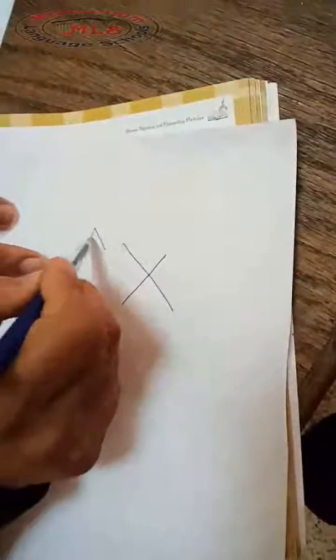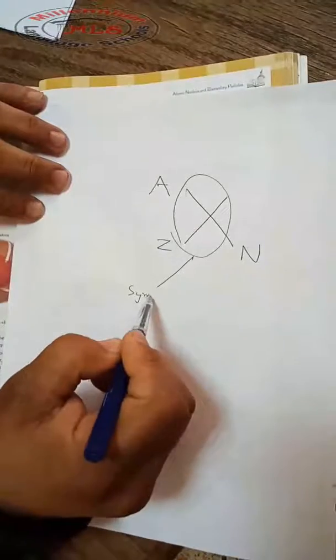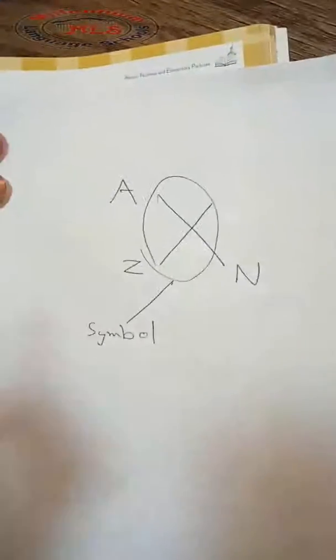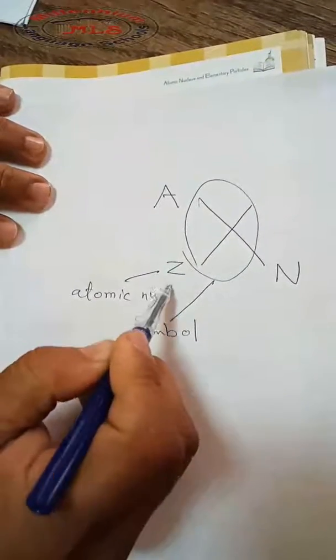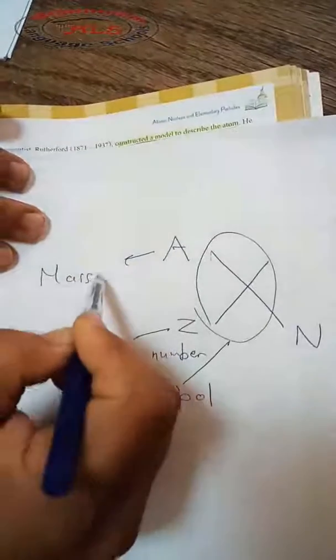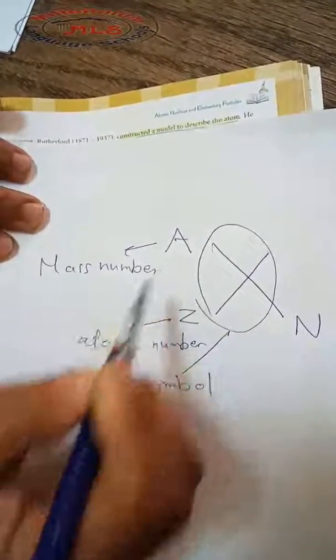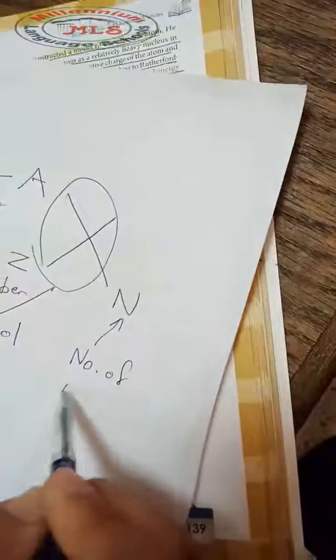This symbol is X with A and Z, and N, where X is the symbol of the element, Z is the atomic number, A means mass number, where N is the number of neutrons.